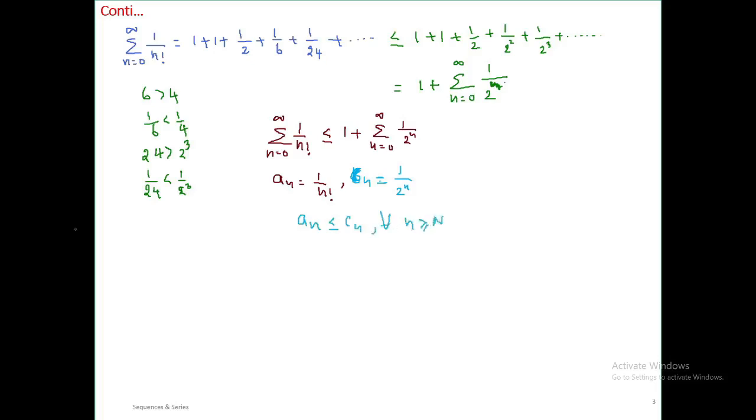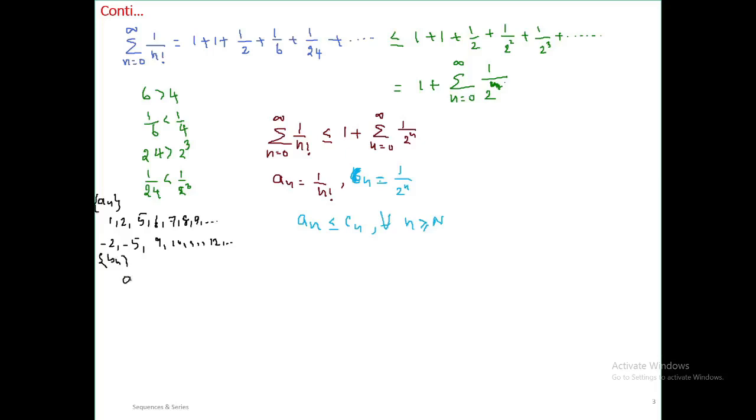See, for example, if we are having two sequences, the first one is like 1, 2, next 5, 6, 7, 8, 9 like this, up to so on. Assume this is the first sequence an, and the second sequence is minus 2, minus 5, next 9, 10, 11, 12 and so on. Assume this is sequence bn.